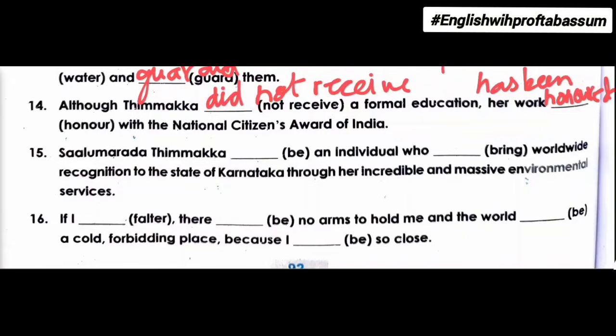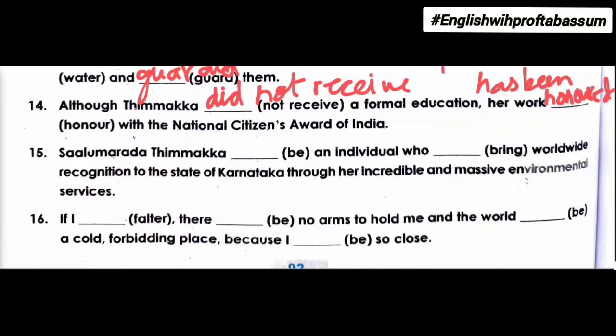Next question. Salumarada Thimmakka dash an individual who dash worldwide recognition to the state of Karnataka through her incredible and massive environmental service. The rule here is that when we describe a person, either the person's identity or facts about him or her, then it is simple present tense. The bracket word is be and the subject is singular, that is Thimmakka.